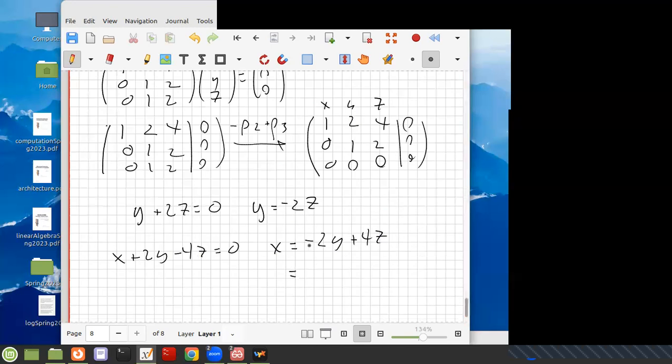This is going to equal minus 2z for y. I think the x plus 2y plus 4z equals 0. Well, this is going to be plus here, right? So you're going to have, let's see, 4z plus 4z equals 8z, right?